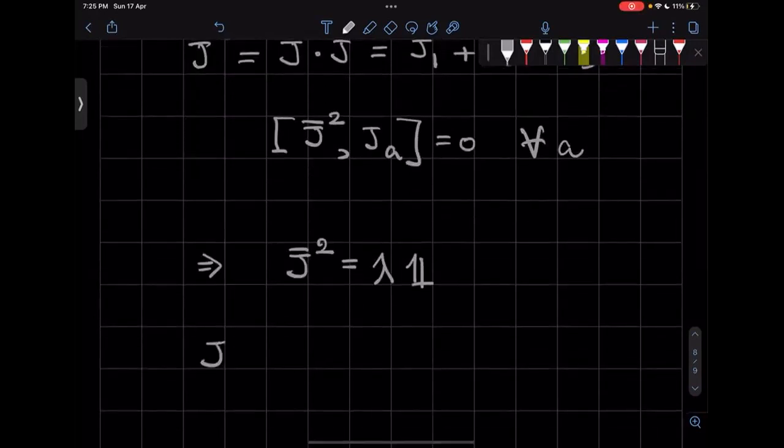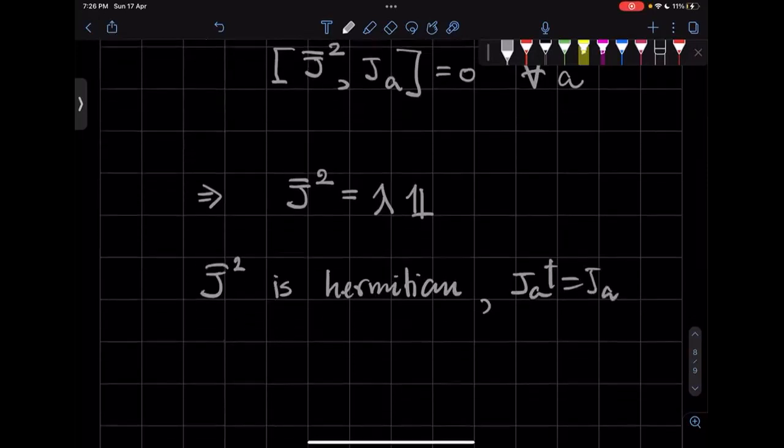Now, J squared is Hermitian, because J_A is Hermitian, right? And therefore, lambda, this eigenvalue, must be real. Okay. So will it also be positive?